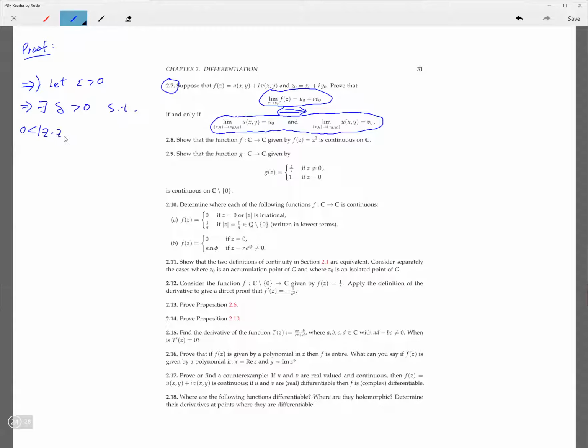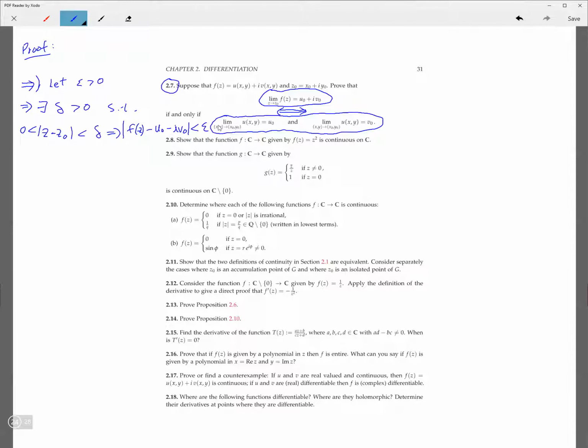Z minus Z naught less than delta implies that f of z minus f of z naught is less than epsilon. Okay, that's just from the definition here.